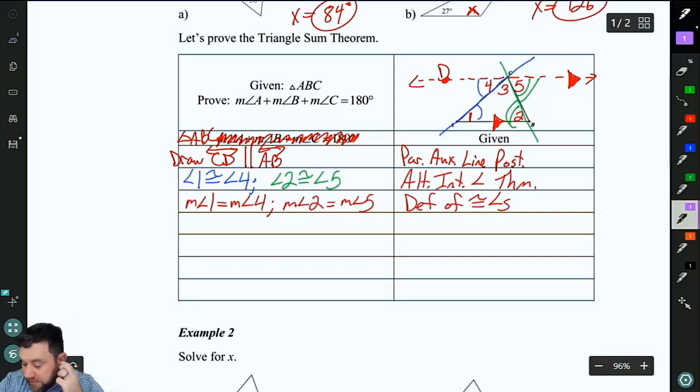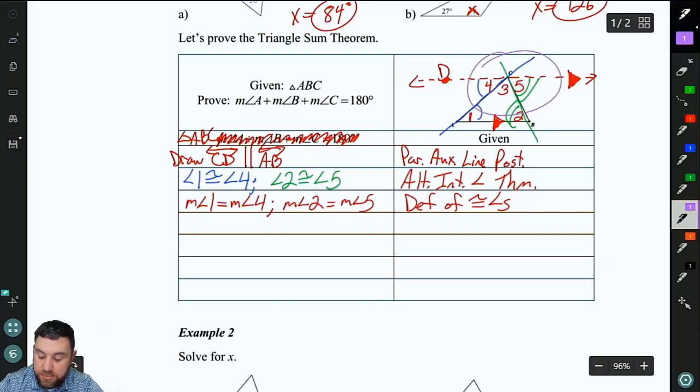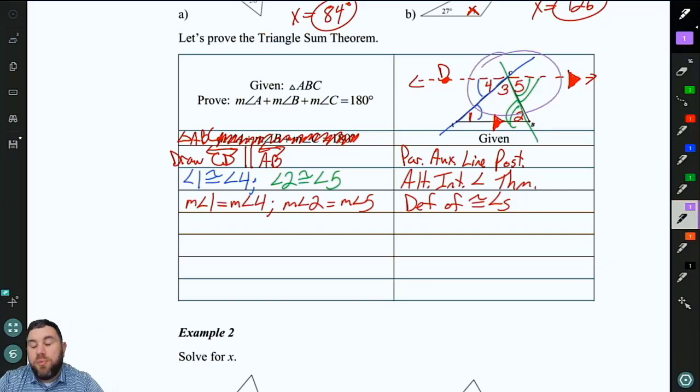Now, to move forward from here, we're just going to look at that top set of angles, these up here. Now, we can't say that 3 angles add together to get 180 degrees directly.